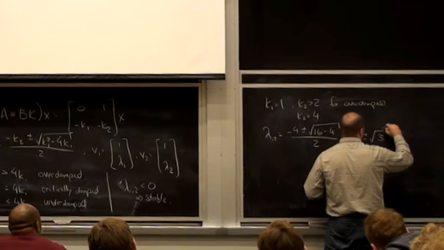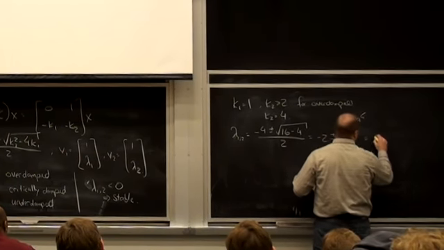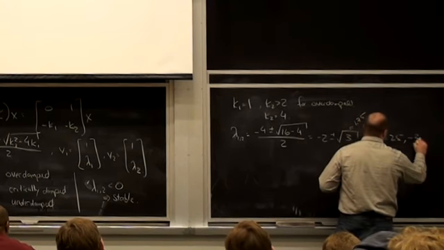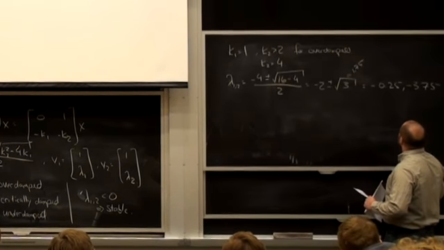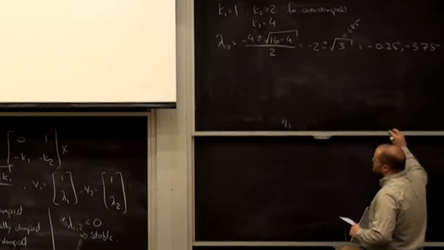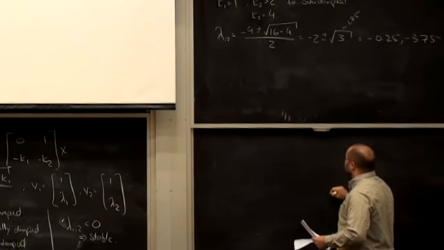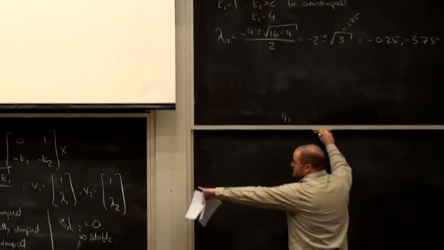Square root of 3 is about 1.75. Okay, so I get negative 0.25 and negative 3.75 for my eigenvalues. And the eigenvectors are going to be just this form.